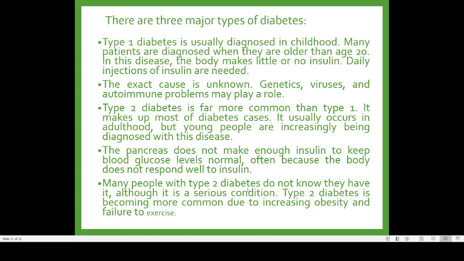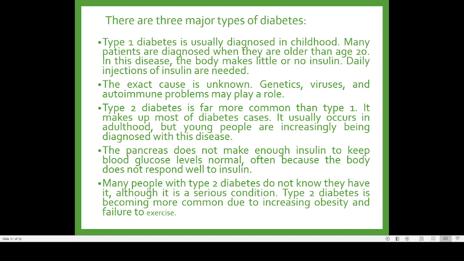Many people with type 2 diabetes do not know they have it, because unless you check your blood, you may not be aware that you are diabetic. Unless some major complications develop later, you may not be aware that you have diabetes. Same is the case with blood pressure.